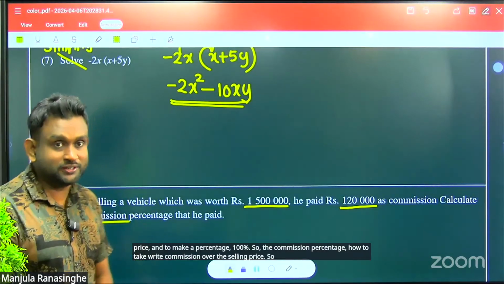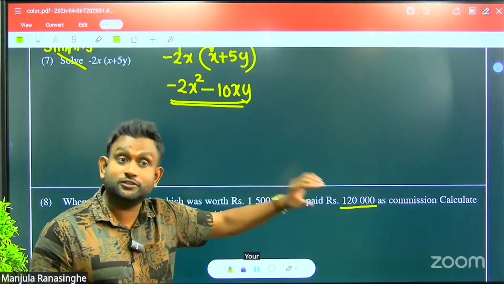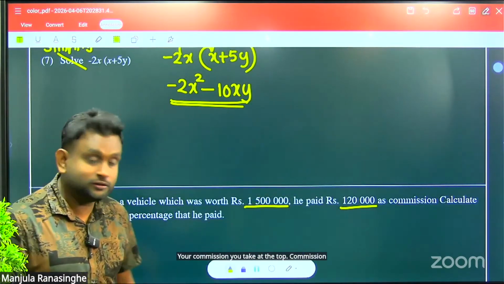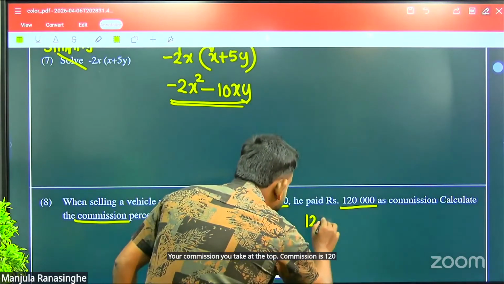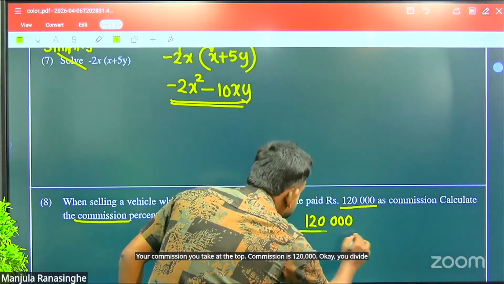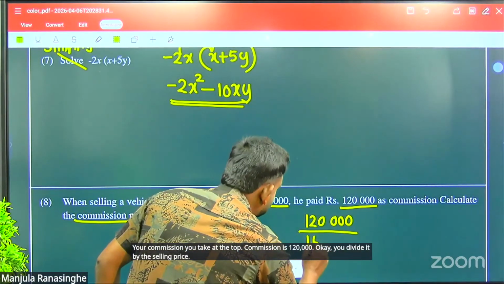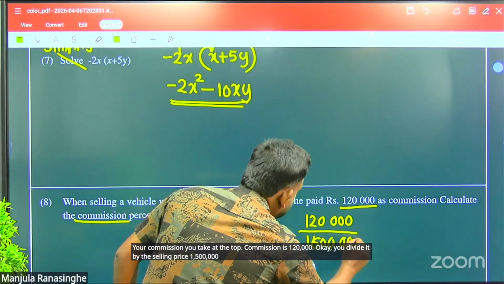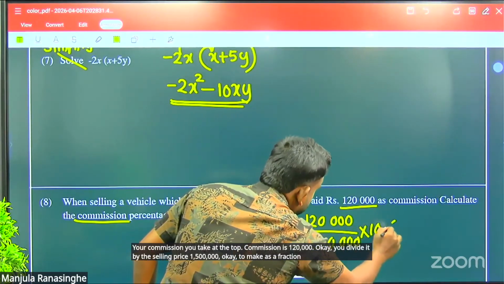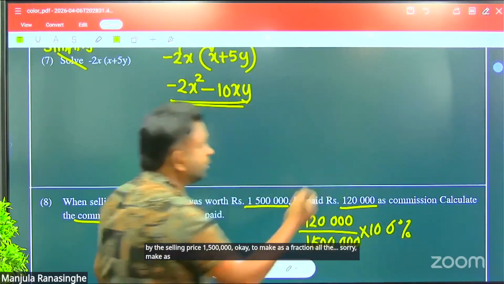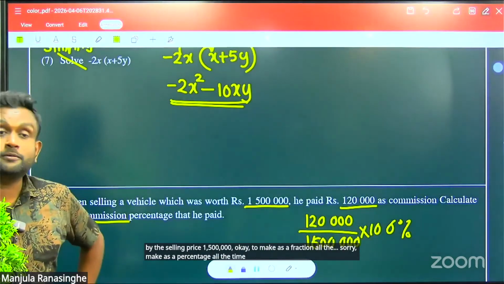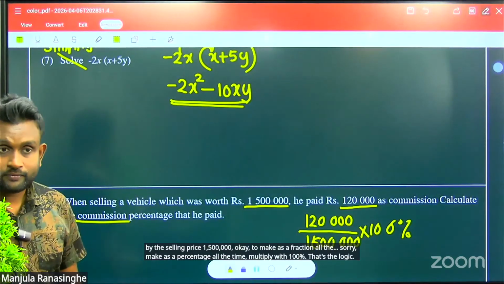So what's the commission? Here the commission you take at the top. Commission is 120,000. You divide it by the selling price, 1,500,000. To make it a percentage, multiply with 100%. That's the logic. Understood?